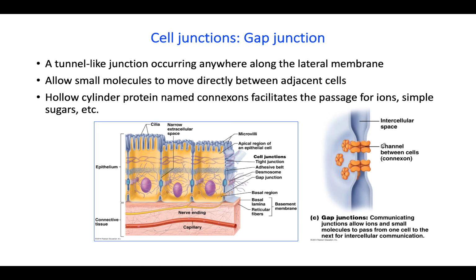So, gap junction forms an intercellular passageway between the membranes of adjacent cells. This makes easy the movement of small molecules and ions between the cytoplasm of adjacent cells. So all these kinds of junctions allow epithelial cells to hold together with each other.